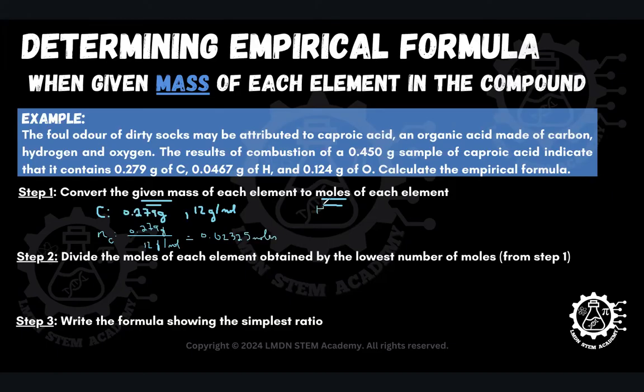We do the same thing for hydrogen. Hydrogen, they told us, is 0.0467 grams of it. And we know hydrogen has a molar mass of 1 gram per mole. And so to find the moles of hydrogen, we're going to do 0.0467 grams divided by 1 gram per mole, because that's the molar mass, right?